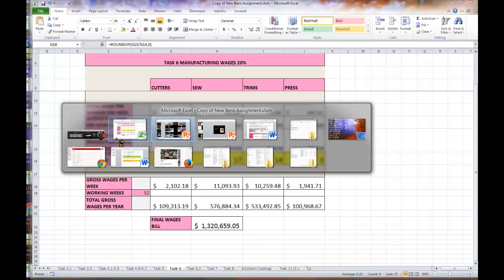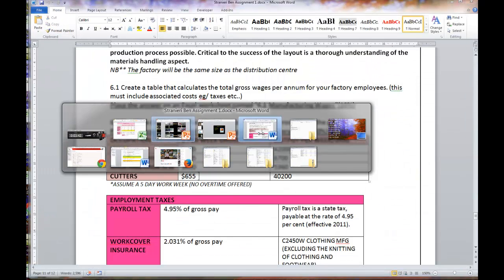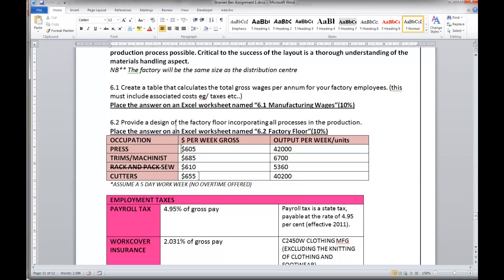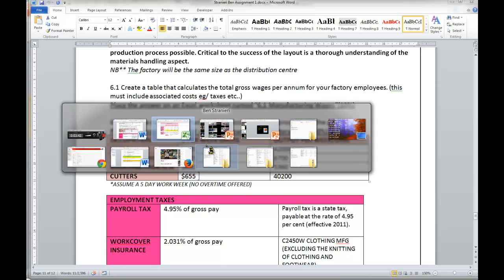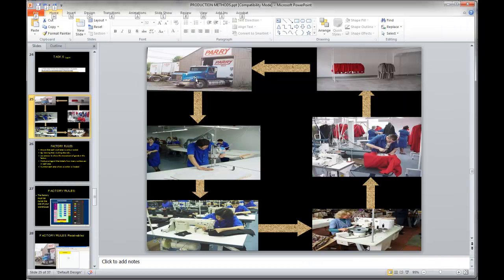Okay, we need to provide a design of a factory floor incorporating all processes in the production of garments. So what we've got, let's start with the material flow of goods in the factory.